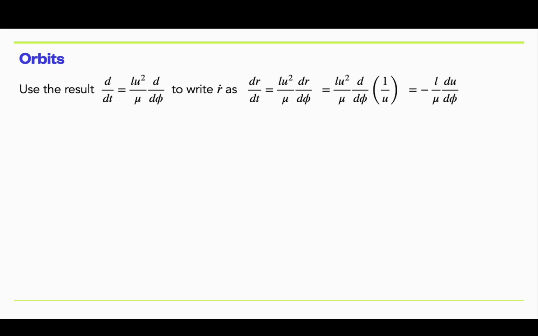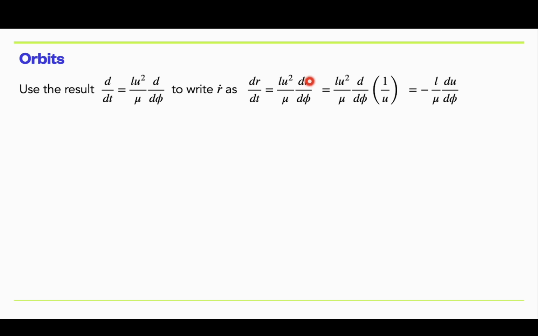Okay, so we're going to use the result on the last page to write r dot as dr/dt. The derivative becomes all this, which is just this right here.